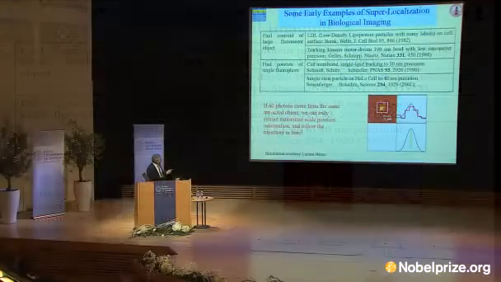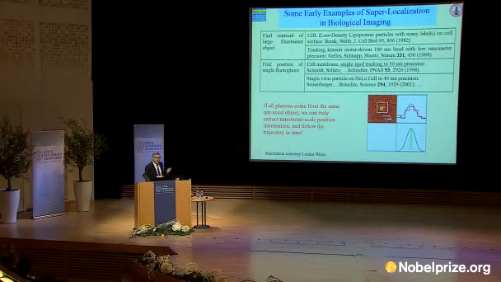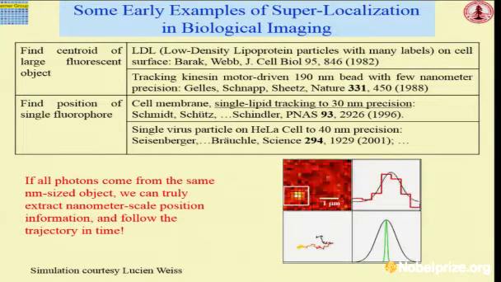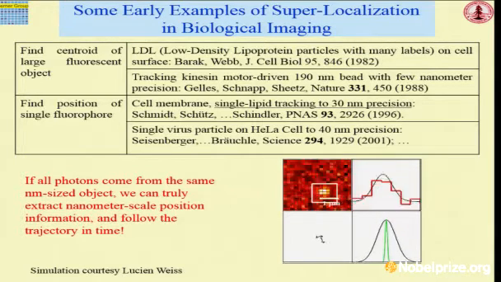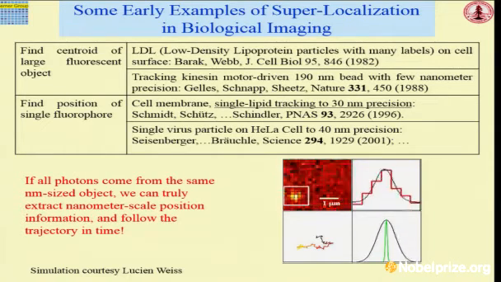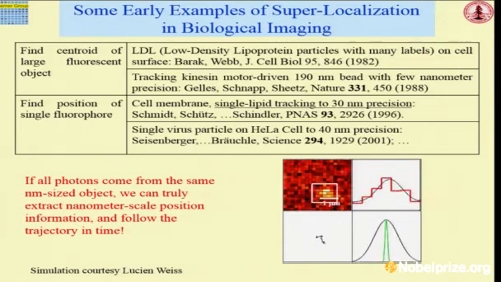Watch this little demonstration in a simulation to see what I'm talking about. Here's the image of the single molecule in time, and you see it's moving around, but each one of those shapes gets fit by a function, and therefore the error in the position is this green curve again. Here are the actual positions of the molecule as a function of time. We can measure these tracks beautifully now inside cells, for example.